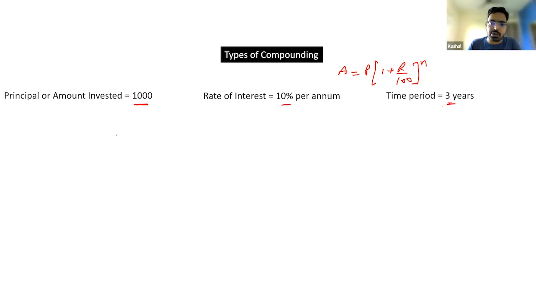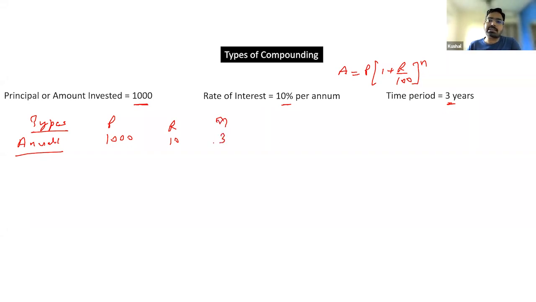That's the thing that we are talking about. Now, let's go ahead and look at the types of compounding. The first thing that we have looked at is the annual compounding. In that case, my principal value was 1000, my rate of interest was 10%, and my time period, or my value of n for that matter, was equal to 3.